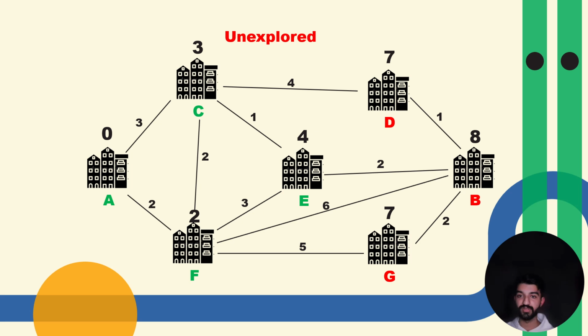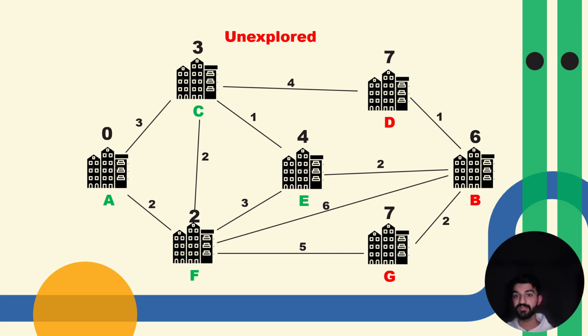And through town E, we can get to town B in just 6 minutes. 4 minutes to town E plus 2 minutes to go from E to B. So we update our estimate for town B to be 6, which is better than the previous estimate of 8.